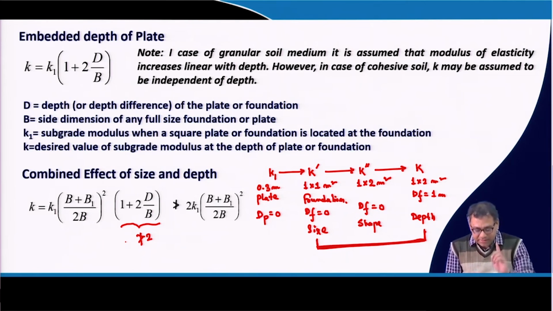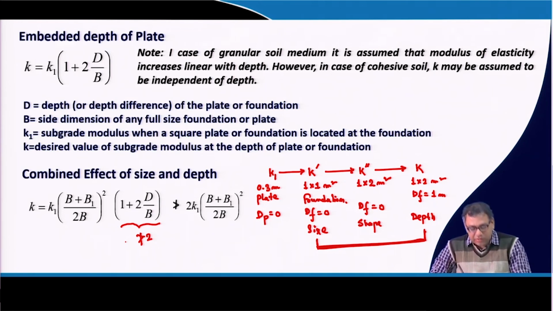When we apply the depth correction factor, as I mentioned, as the size of the plate increases, your subgrade modulus decreases, but as your depth increases, your subgrade modulus increases because of this depth effect. But you have to restrict it so that under any condition it will not increase more than 2 times.